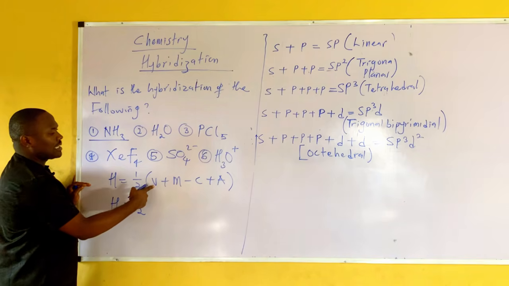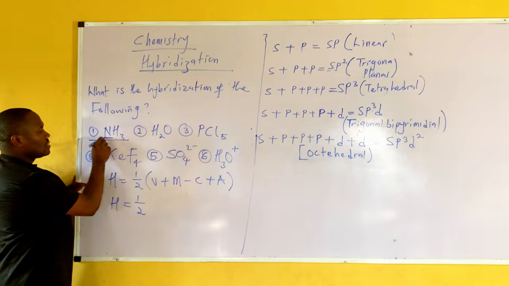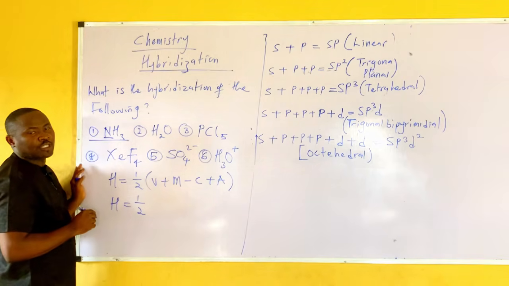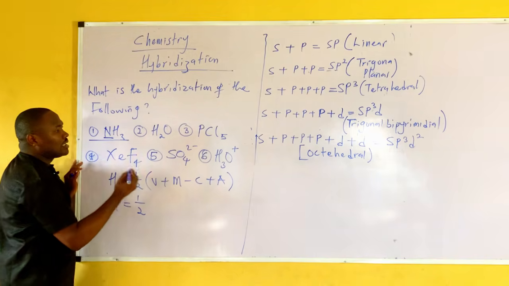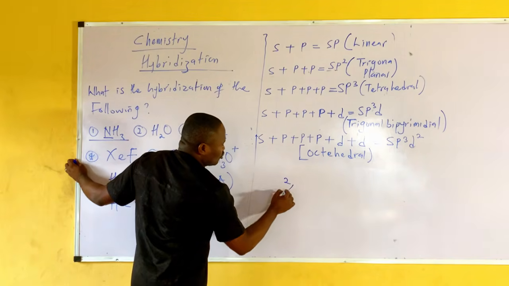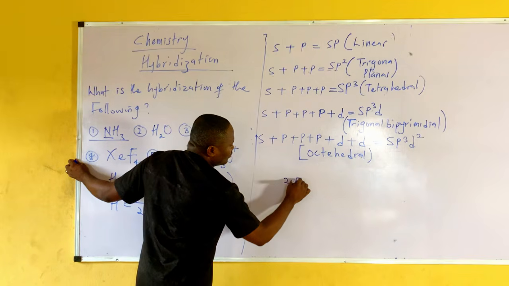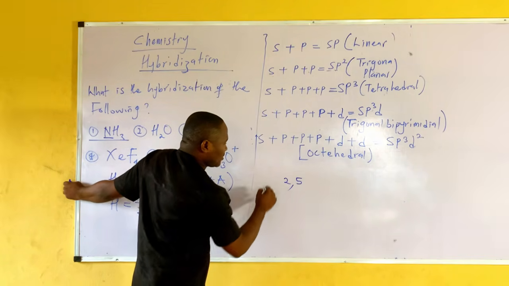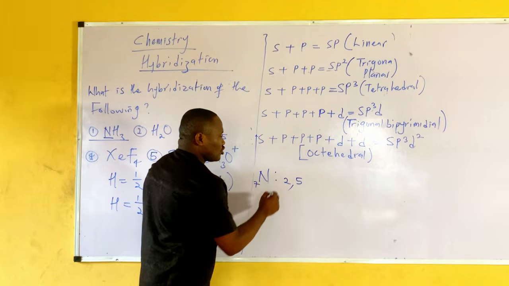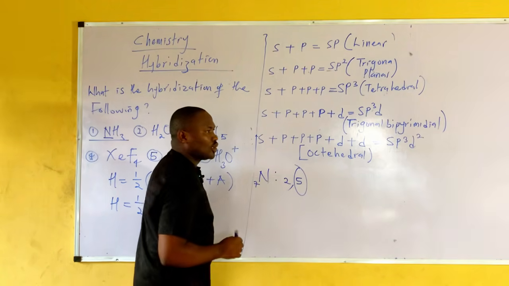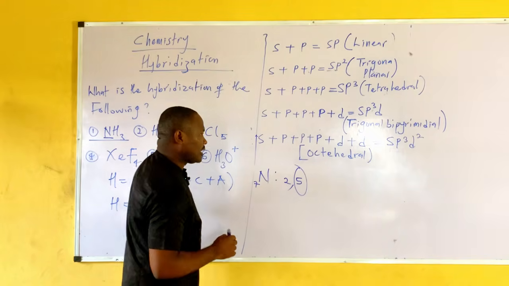What's the centralized atom here? It's N, which is nitrogen. Nitrogen is in group 5. So what's the number of valence electrons? Nitrogen is N7, which is 2, 5. So this is the number of valence electrons in nitrogen.